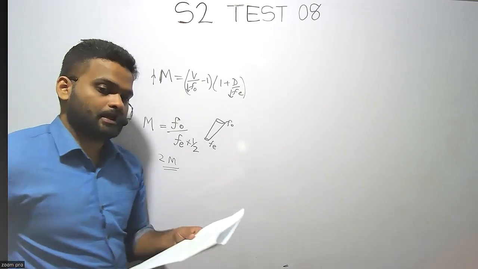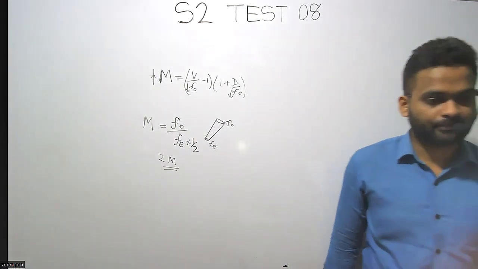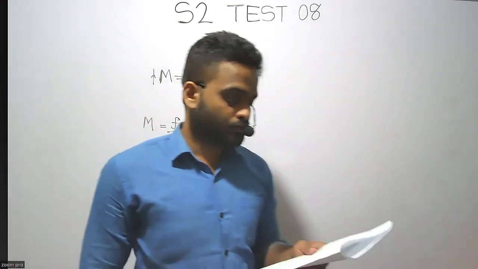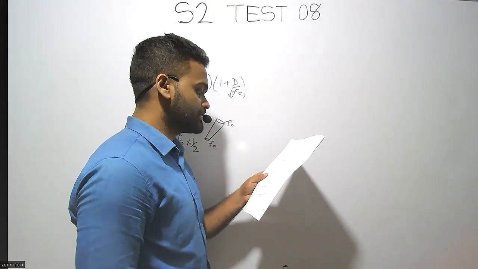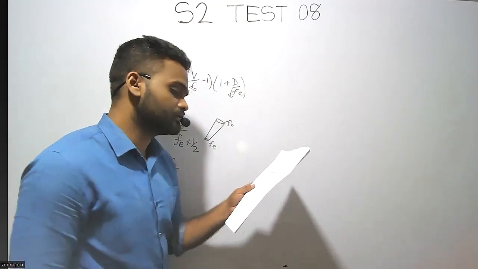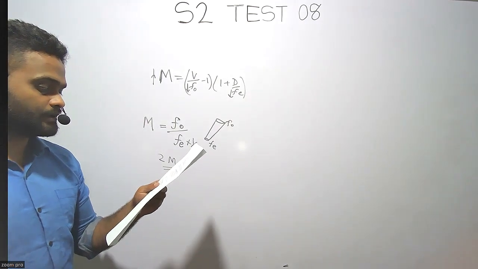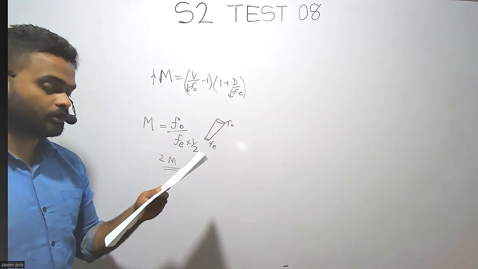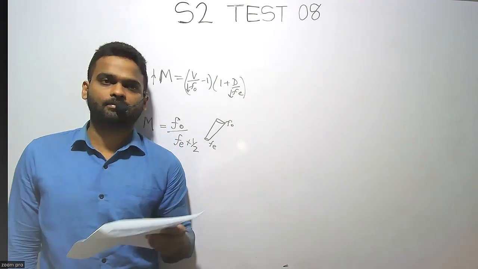Okay. Then 13th question. Focal lengths of a telescope are 100 centimeters and 2 centimeters. Angle of vision of the moon with the naked eye is 0.5. When the moon is observed through the telescope at normal adjustment, remember normal adjustment in a telescope.